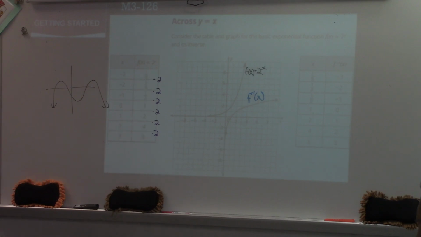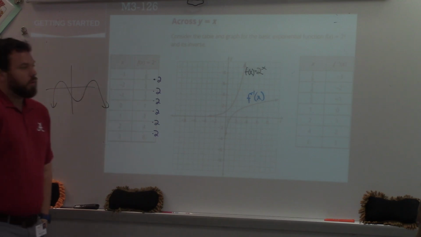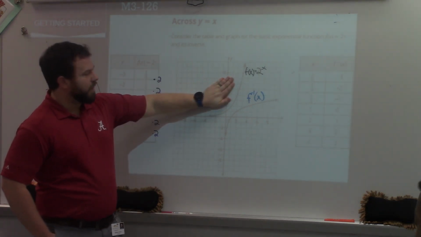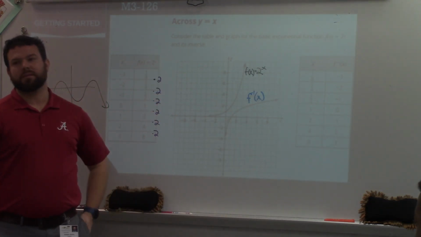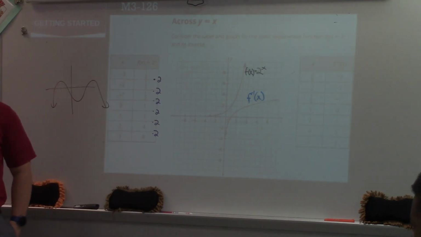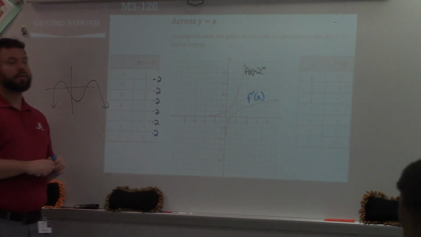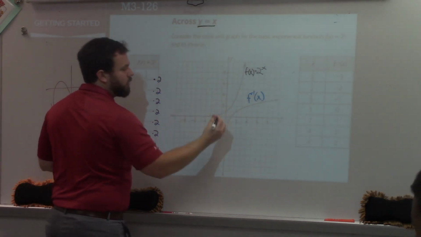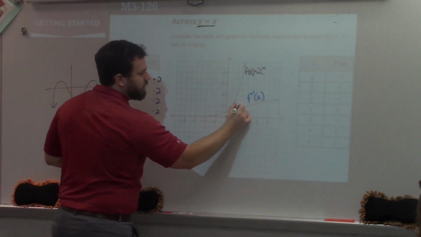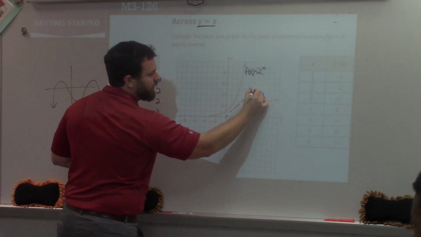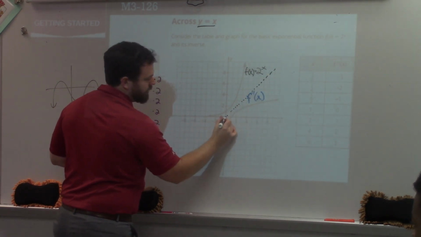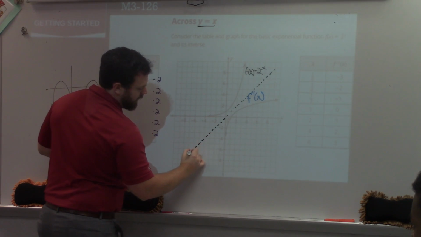What else does that mean? When I look at this graph, what do I want to notice about the relationship of f of x and the inverse of f of x? Say it louder. Reflection across what? Okay, so I just want to recap all these ideas. Inverse functions are a reflection across the line y equals x.